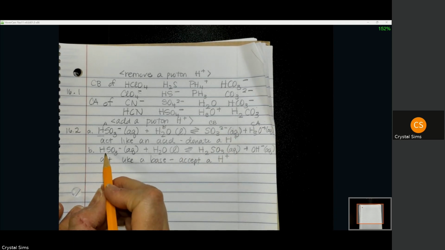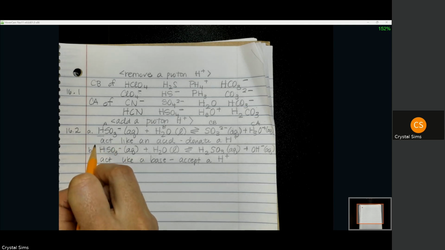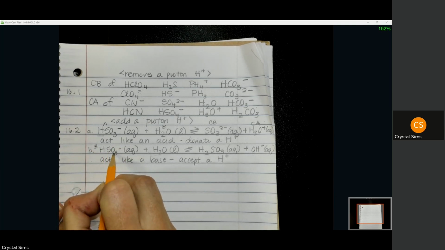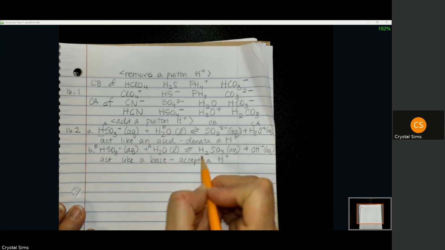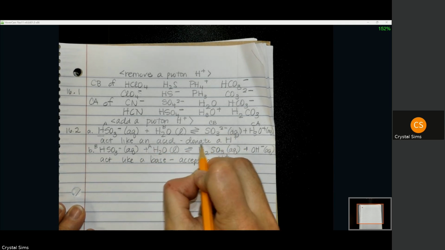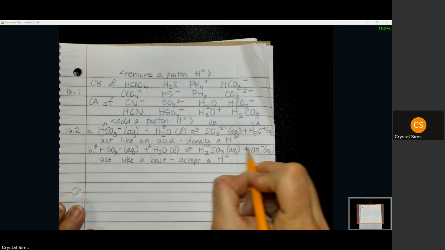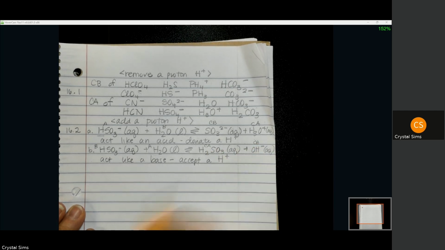In our second example here, it acts like the base. So then water in this case acts like an acid. So the H2SO3 would be our conjugate acid, and the OH, the hydroxide ion, would be the conjugate base.